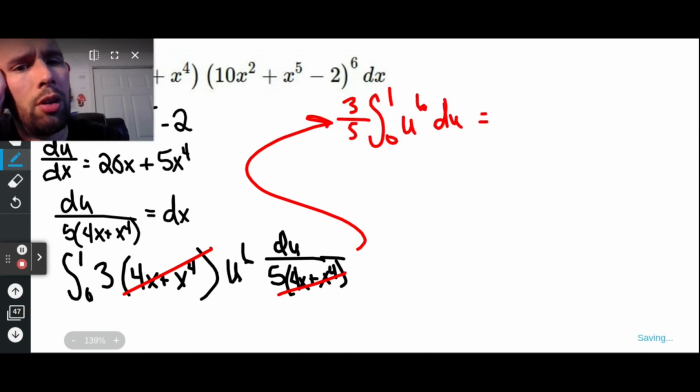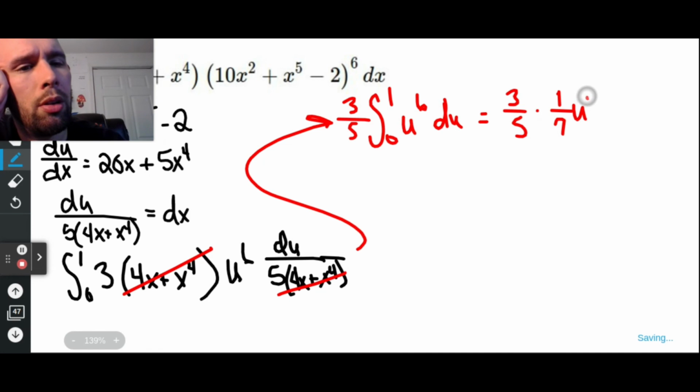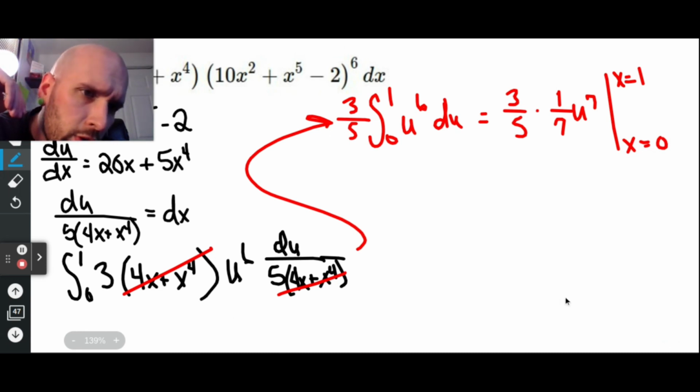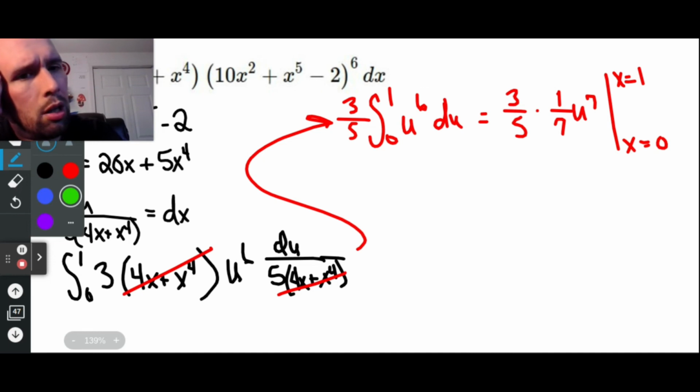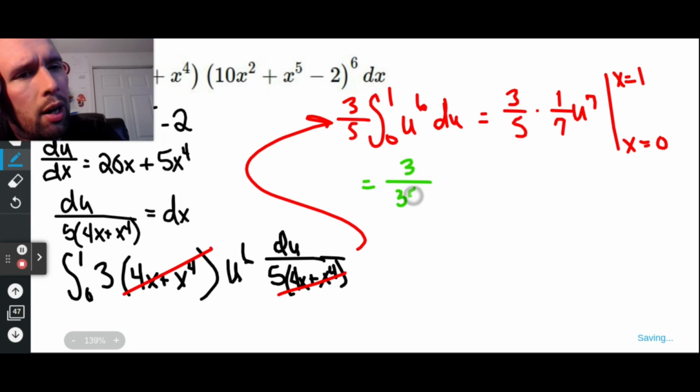That becomes 3/5 times the integral of u to the 6th, which is 1 over 7 u to the 7th. Limits of integration are x is 1 and x is 0. 3/5 times a 7th is going to be 3 over 35.